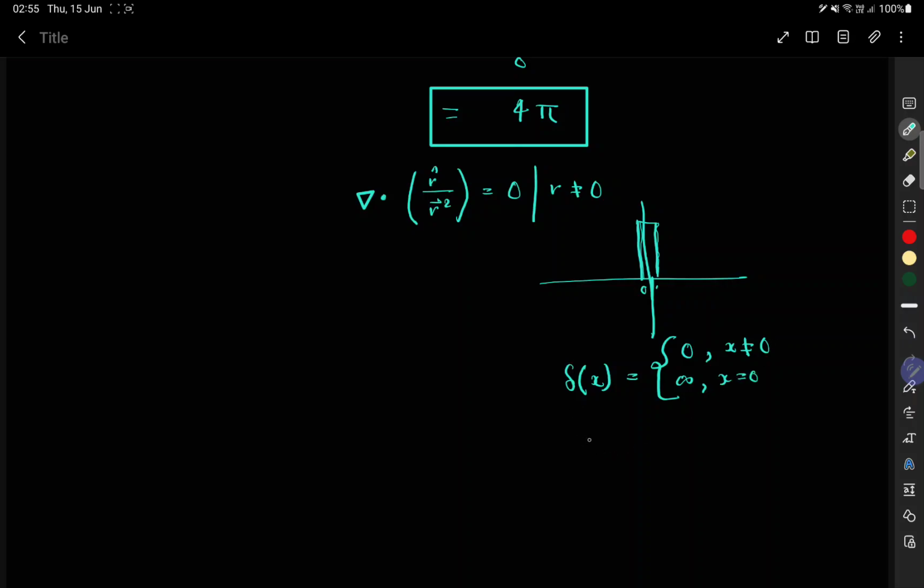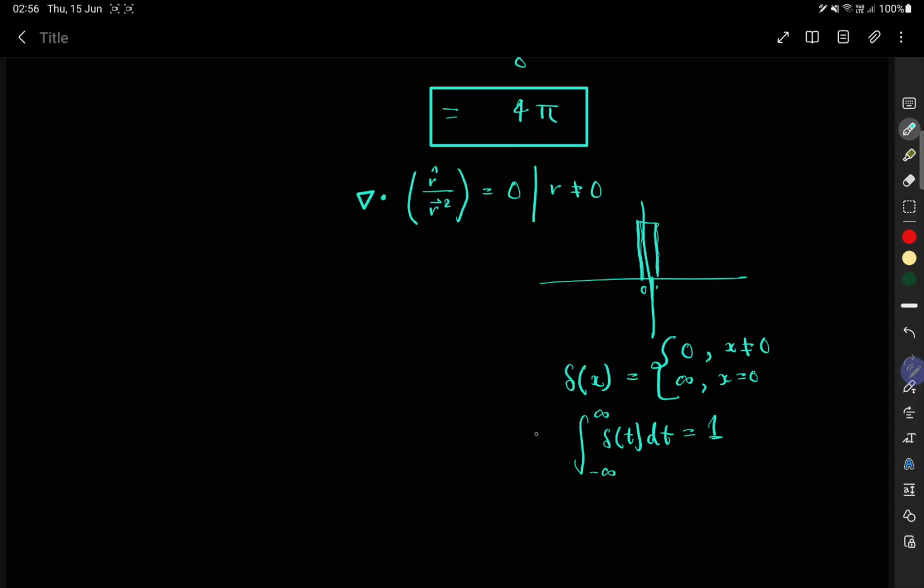So that makes it possible for us to say that the integral all over space of delta x dx, sorry, again, notation is really bad. I'll just change it to t, that's better, dt is equal to 1.